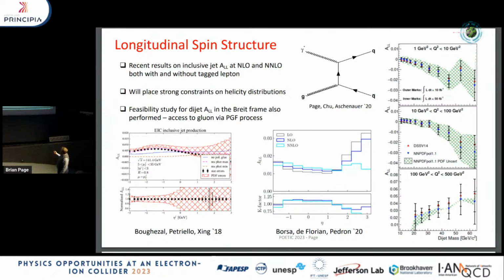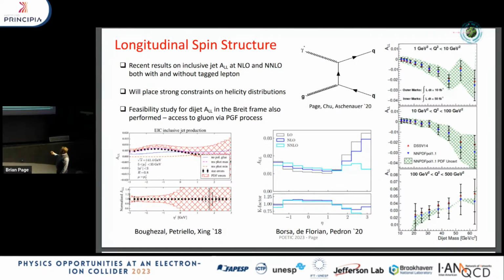And here we see a projection that we did a number of years ago on the sensitivity for dijets to look at A_LL. So again, this is where you select the photon-gluon fusion process.